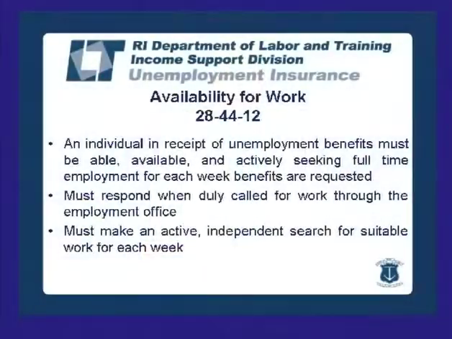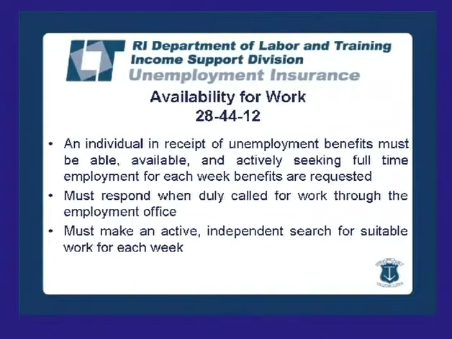Another question that I often receive is relating to the availability for work. Many employers don't understand the basis for an individual being able for work, unavailable for work, or unable to work.